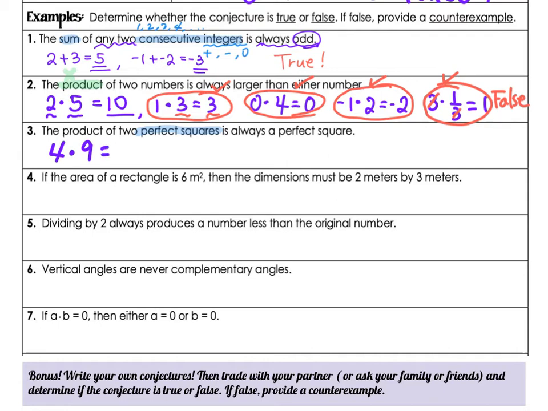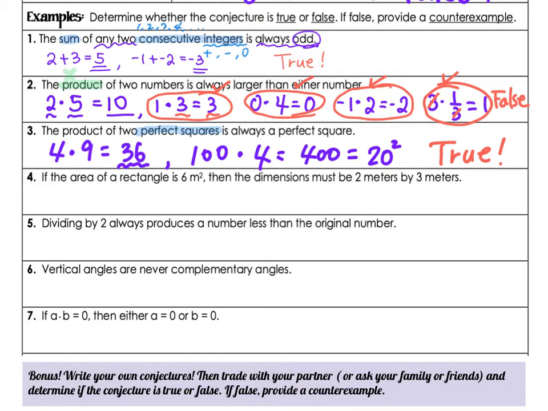So 4 times 9 is 36. Is 36 a perfect square? That's right, it's 6 squared. What about then we can try another one. 100, which is 10 squared, times 4, which is 2 squared, that's 400. So 400 is equal to what? 20 times 20, which is 20 squared. So until you find any counterexample, this is a true statement.